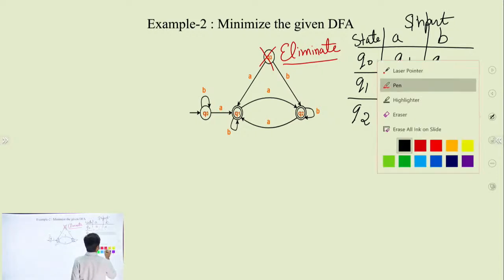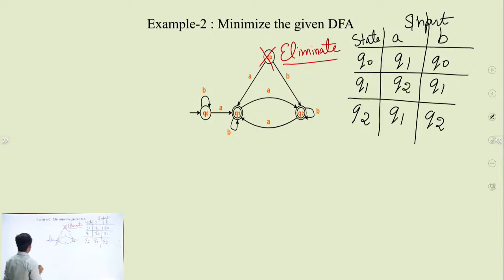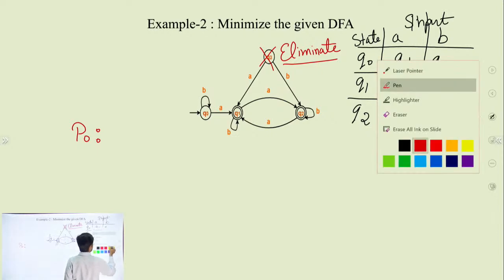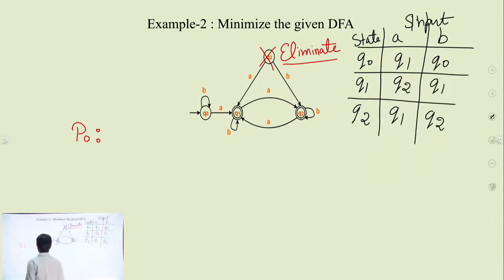Now we find the equivalence classes. First of all, the 0 equivalence class. We partition the states into two sets. One set contains the non-final state and the second set contains the final states.